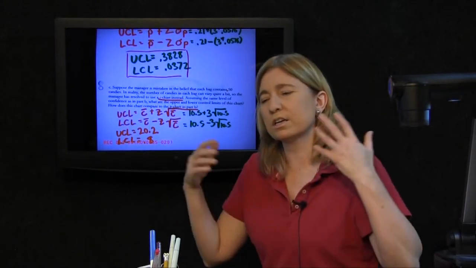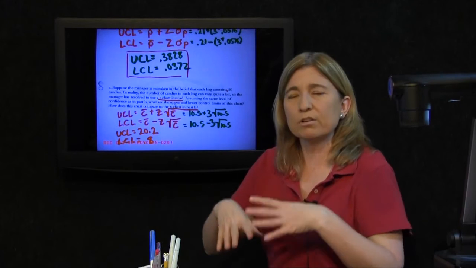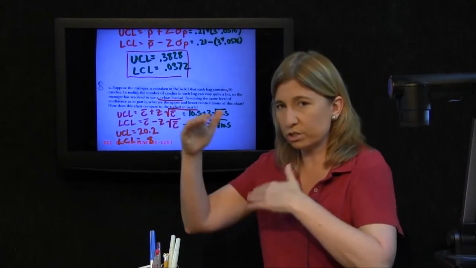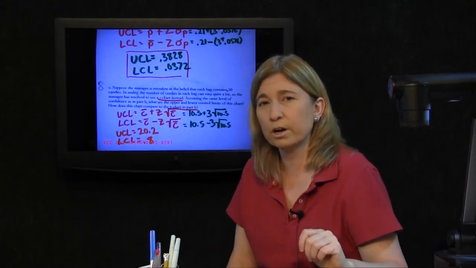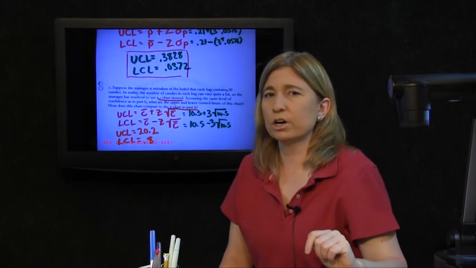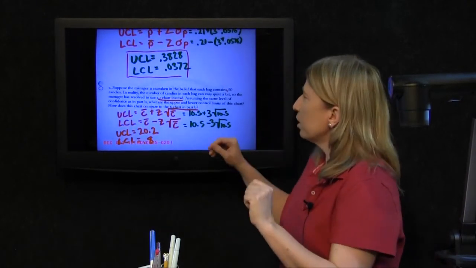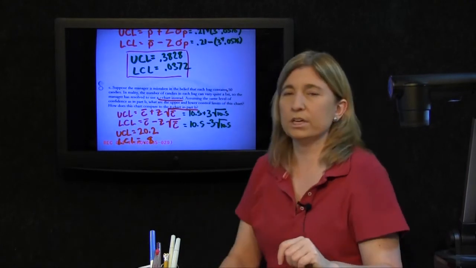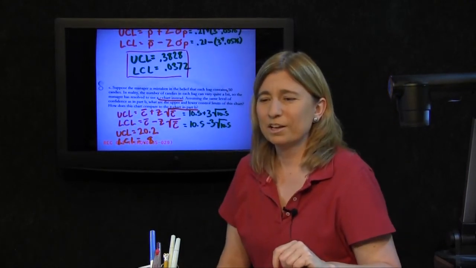But if you wanted to comment on the generosity or the pickiness of one chart versus the other, there is a way to compare. And that is, oh, by the way, go back to the P chart. The P chart is assuming that there's going to be 50 candies in each sample.